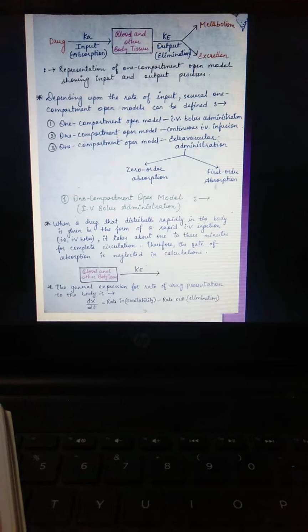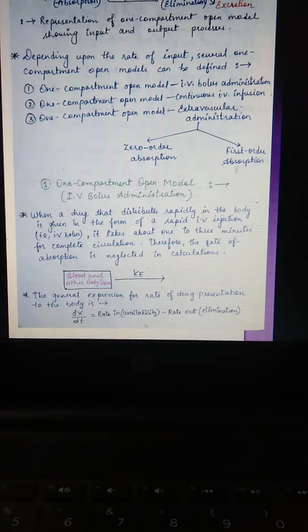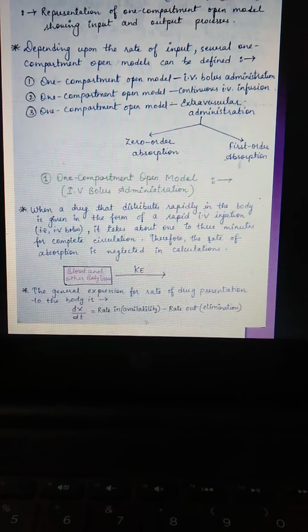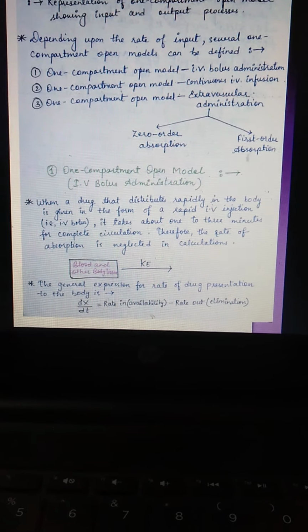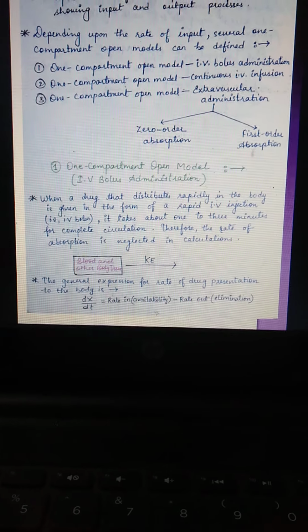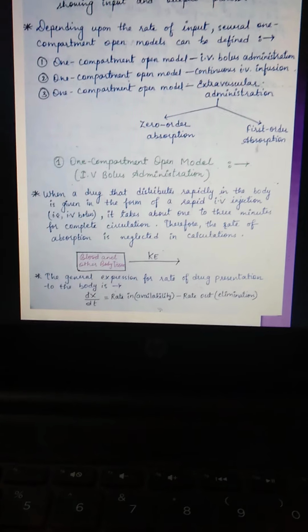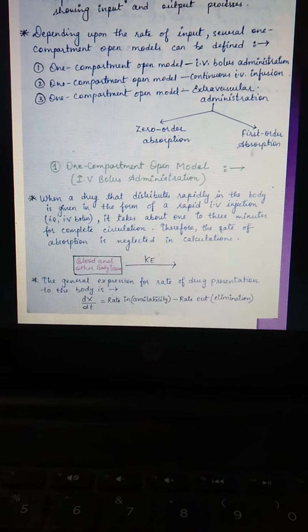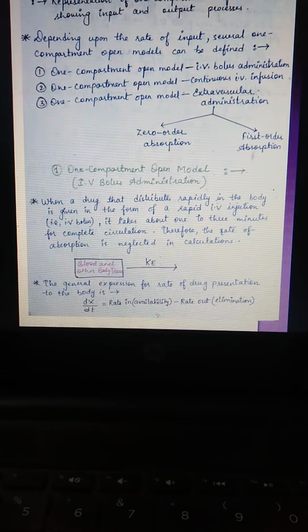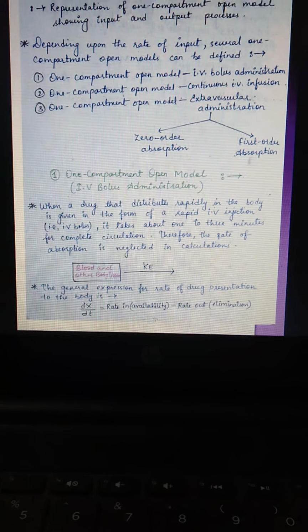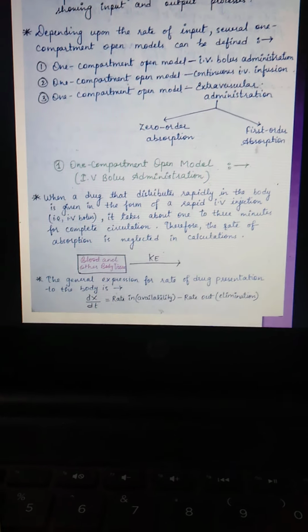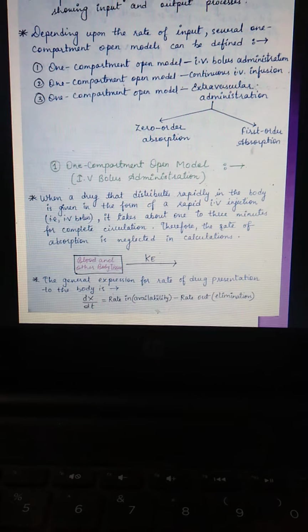So coming to the IV bolus in this equation, when a drug distributes rapidly in the body, it is given as a rapid IV injection, that is called IV bolus. It circulates in the body in 1 to 3 minutes, so the phenomenon of absorption is ignored.